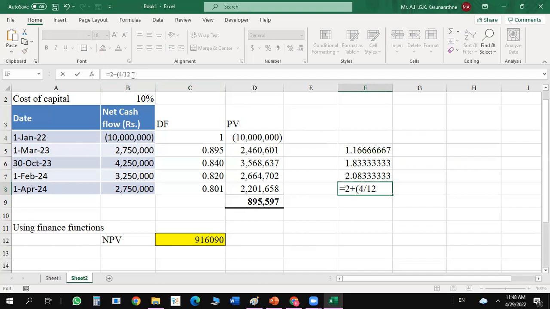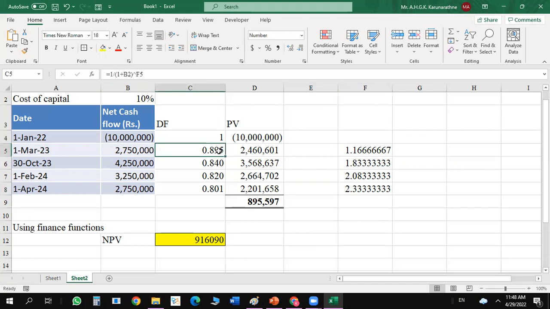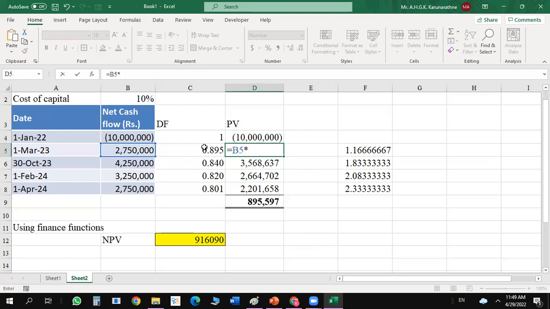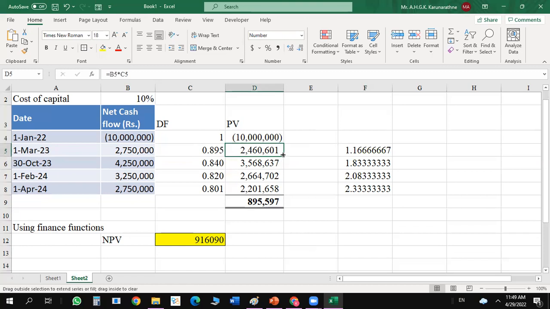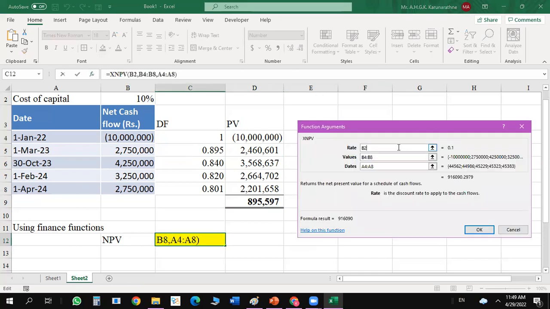Seems correct, right? No problem in this. Simply write 10%.